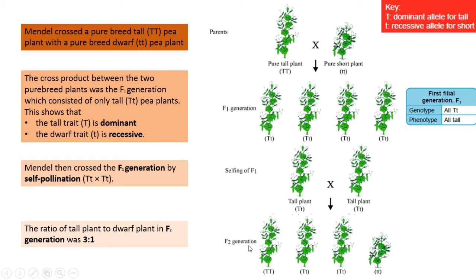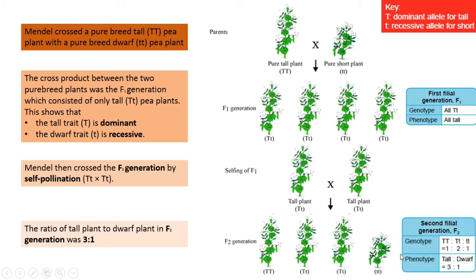The F2 generation has 3 tall plants and only one short plant. So the ratio produced is 3 tall plants to 1 dwarf plant. So the dwarf plant can only be shown in the F2 generation.